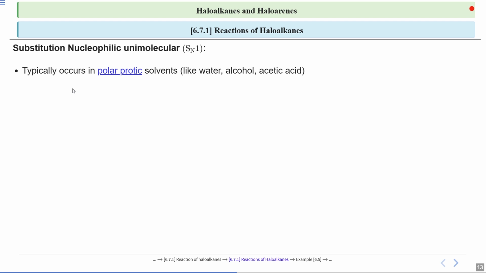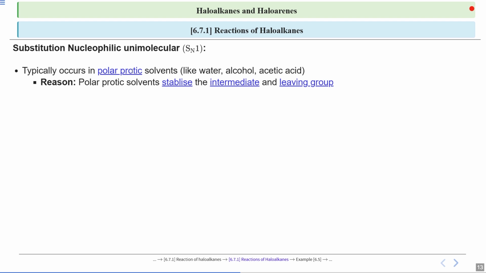Typically, this reaction occurs in polar protic solvents like water, alcohol, and acetic acid. Why? Because polar protic solvents stabilize the intermediate and the leaving group.